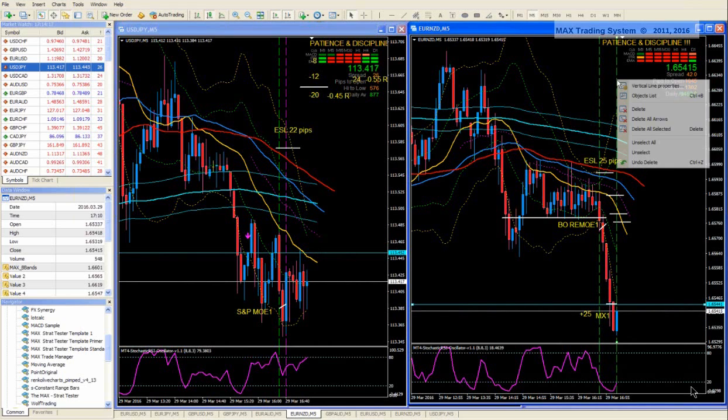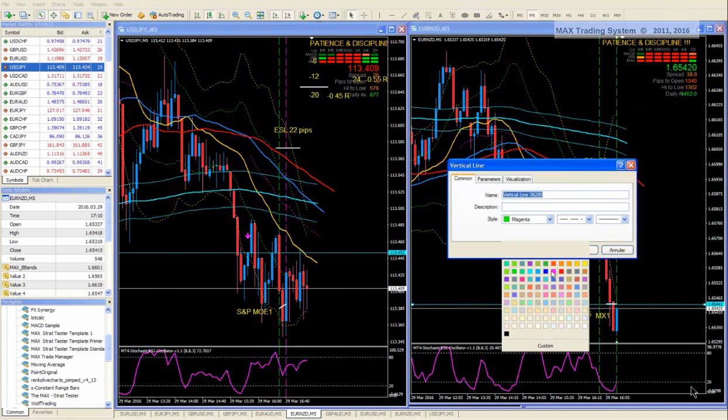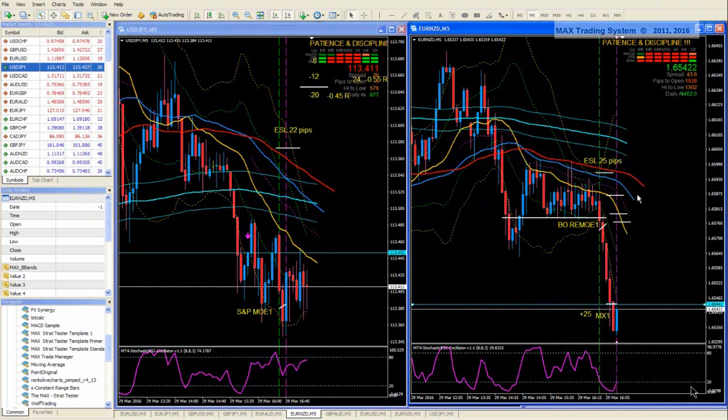This blue candle can possibly be an exit setup bar. We have to wait for the candle to close. Yes, but this is a warning technique, Alex, okay?